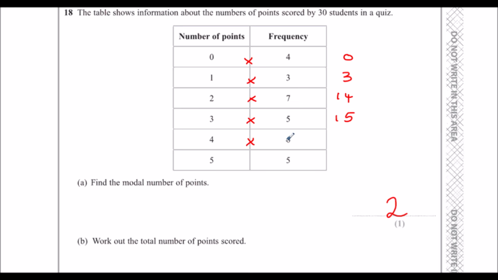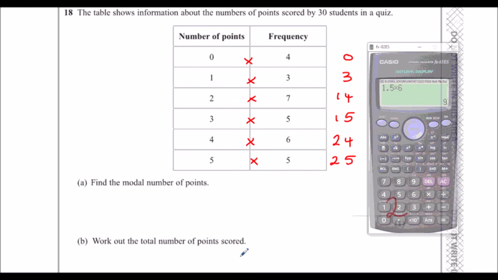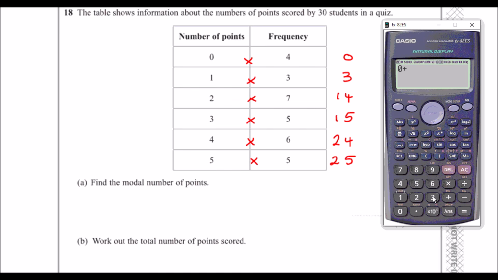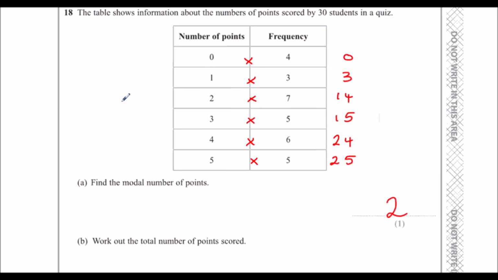There are 6 fours, which makes 24, and 5 fives, which are 25. So the total number of points is 0 plus 3 plus 14 plus 15 plus 24 plus 25. And that's 81 points.